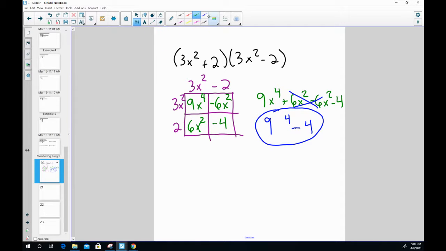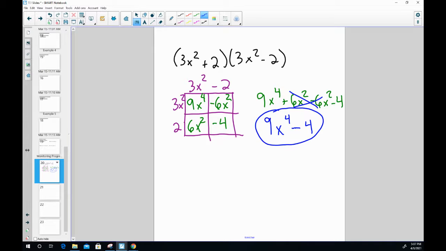But more or less, it's just important that you are able to do the multiplication. When we go backwards, we'll talk about the difference of squares. The middle term cancels, and that's happening because of the plus and the minus up here. The plus and the minus, when we do that middle term, they're going to cancel, all right?